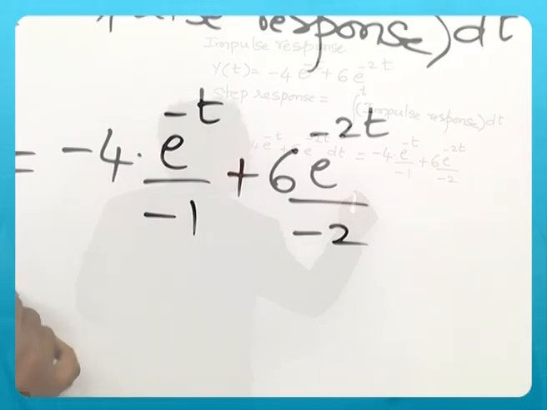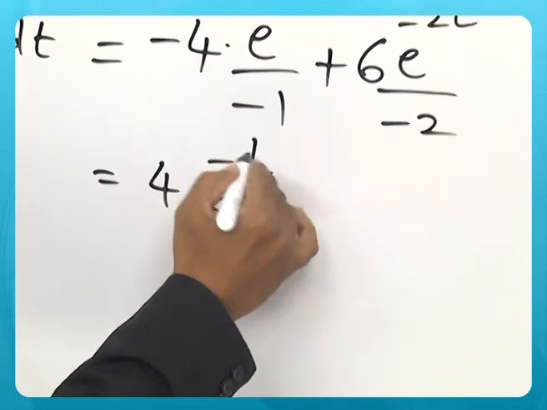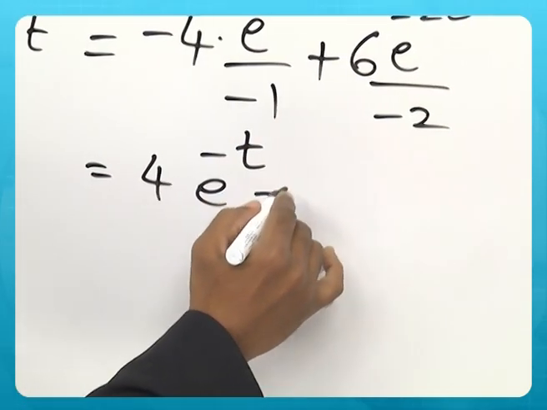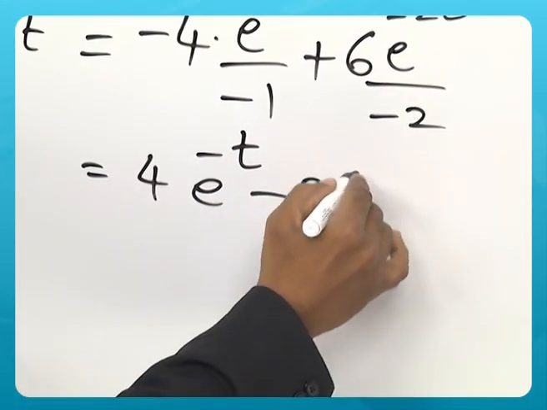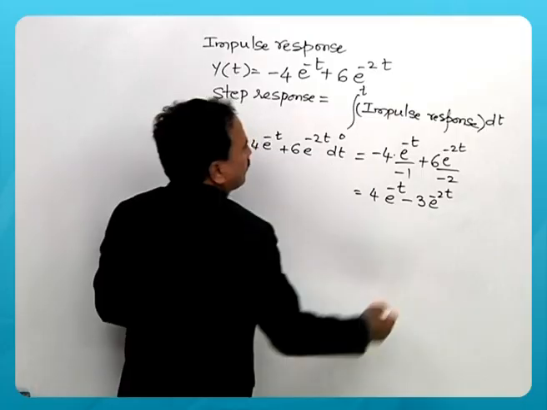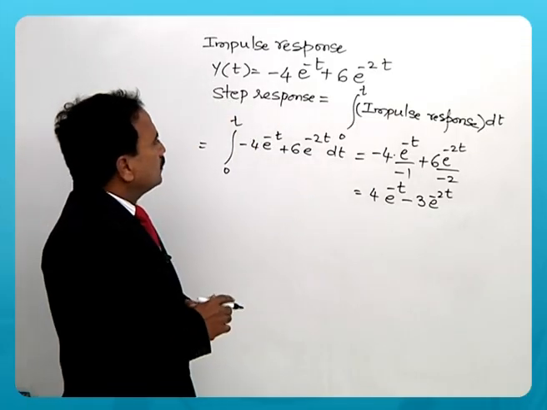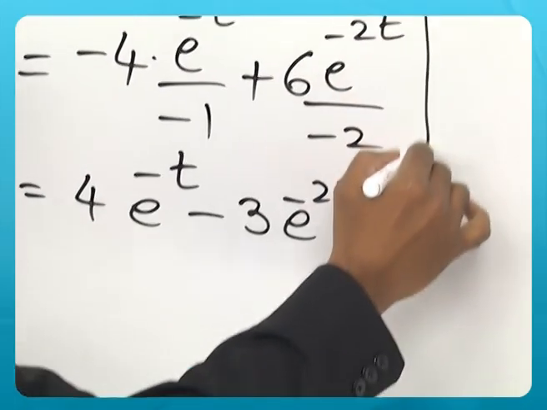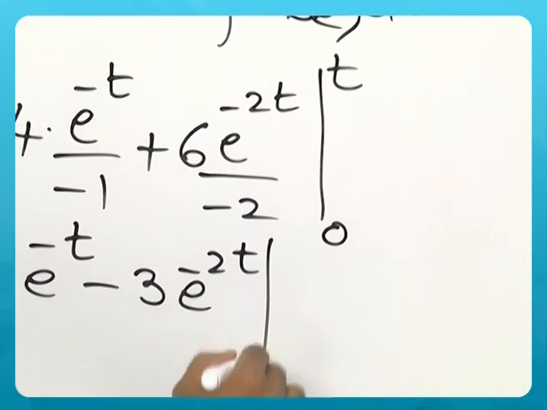So you get 4 e power minus t minus 3 e power minus 2t, with limits 0 to t.